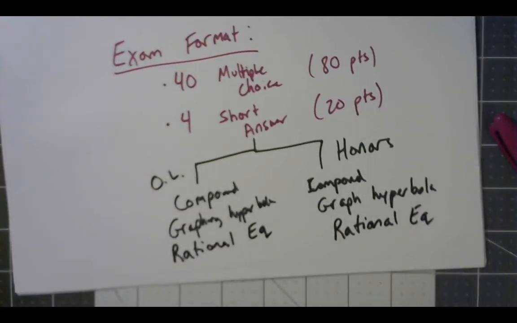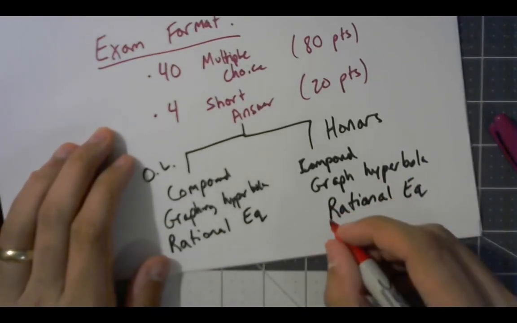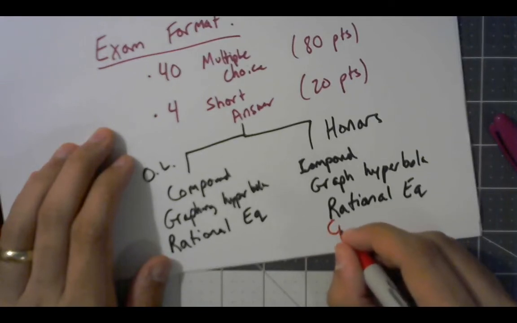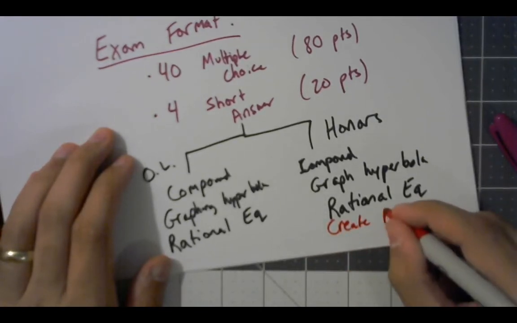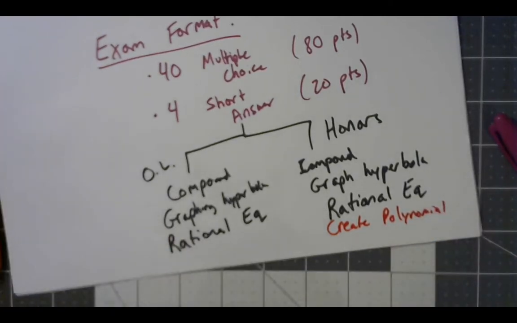The differences are going to come in one of the problems. For honors, you're going to have to create a polynomial using certain roots, and we'll go over that tonight.